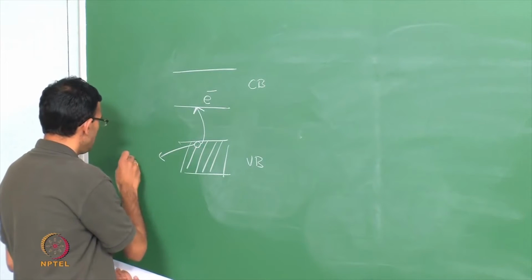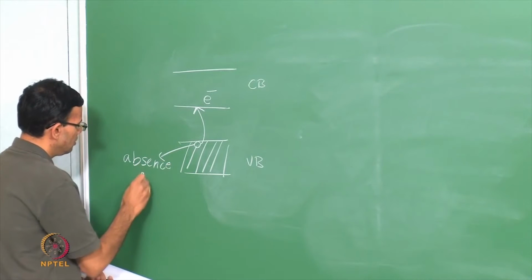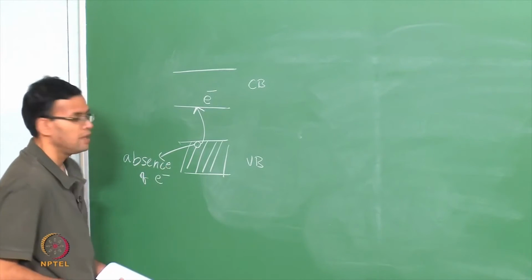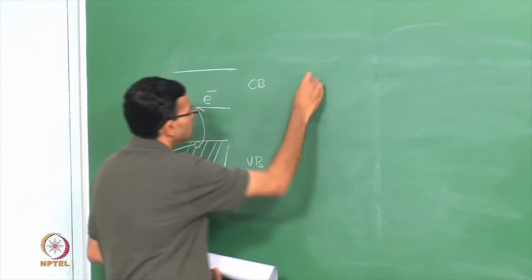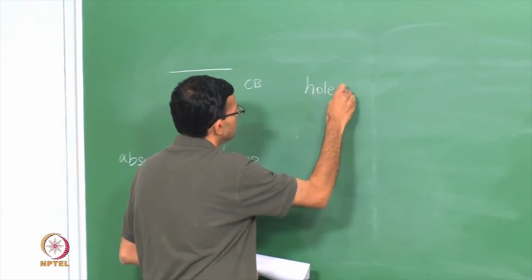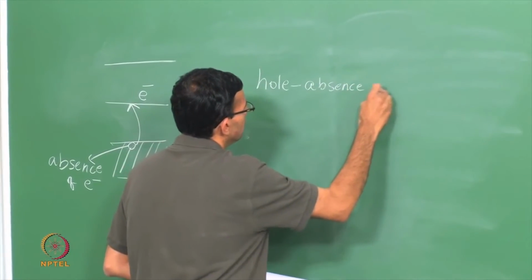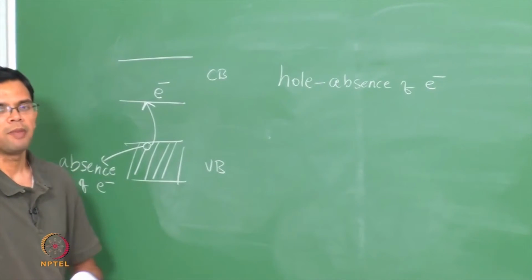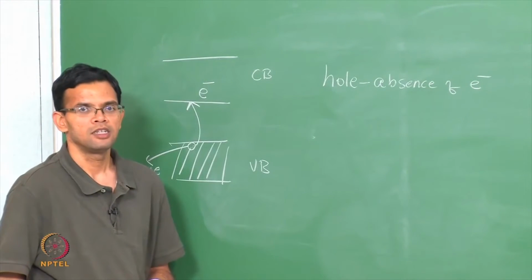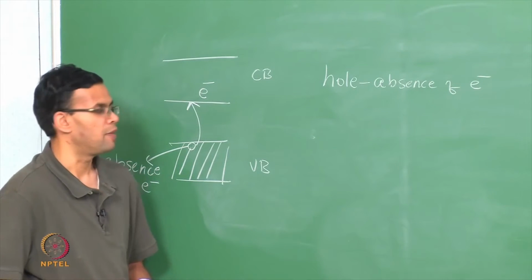The absence of an electron is called a hole. So, a hole is nothing but a mathematical construct that we use to denote the absence of electrons in the valence band.